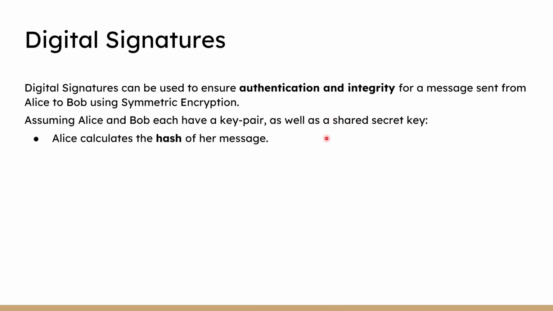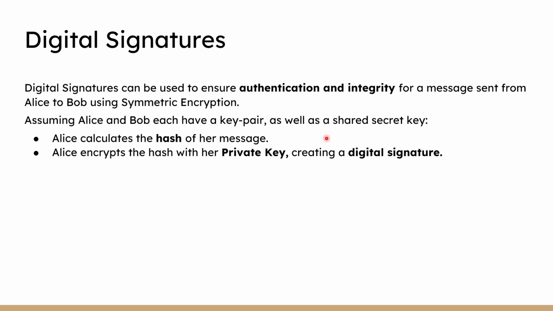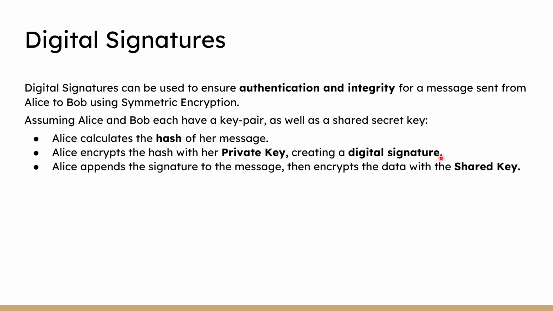So basically, Alice will calculate a hash of the message and then encrypt the hash with her private key, which creates the digital signature. So this encrypted hash is the digital signature. Then she appends the signature to the message.